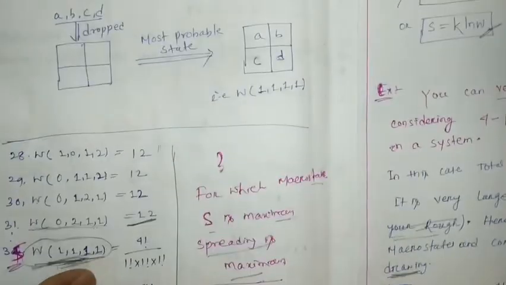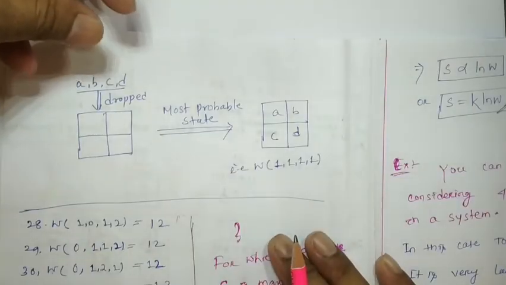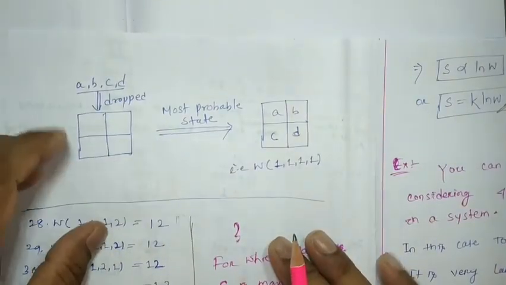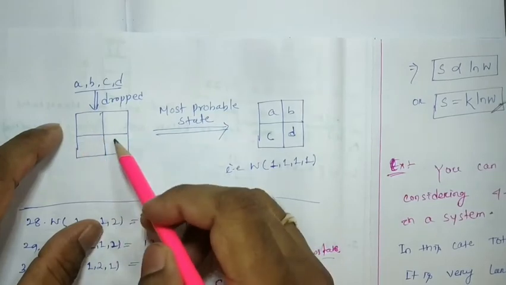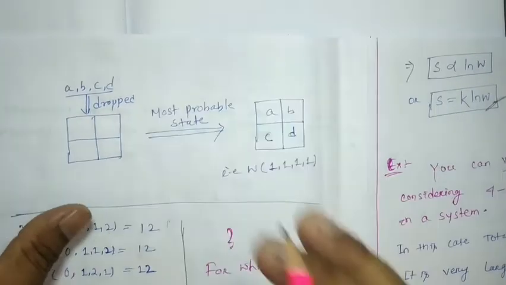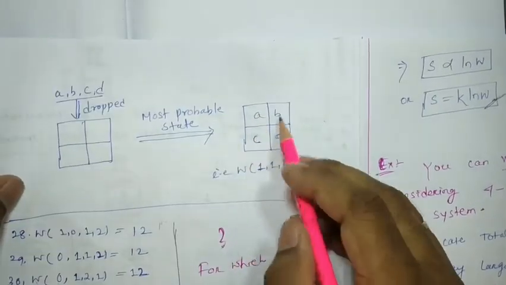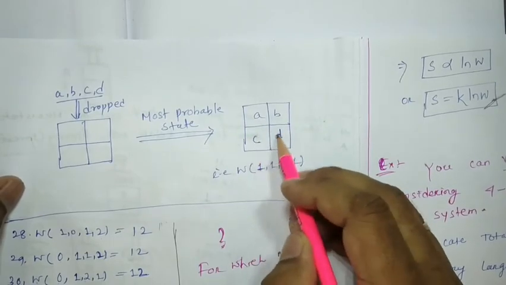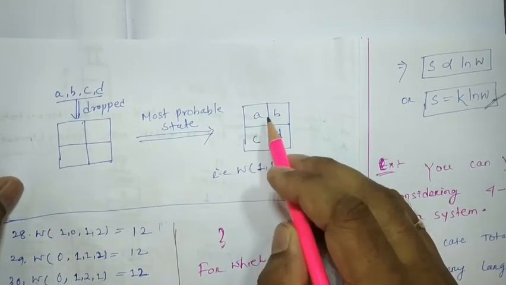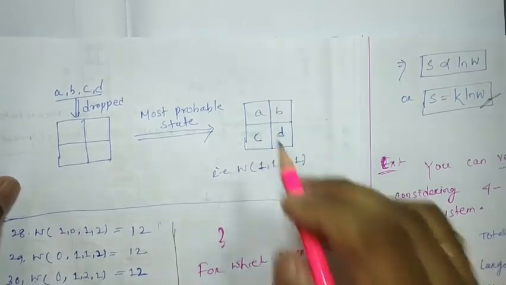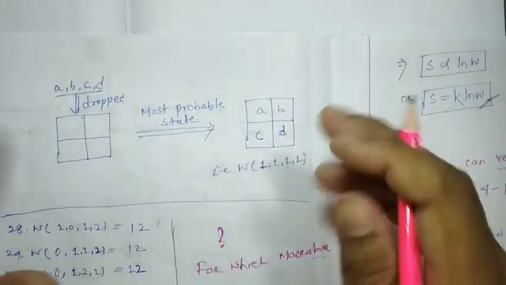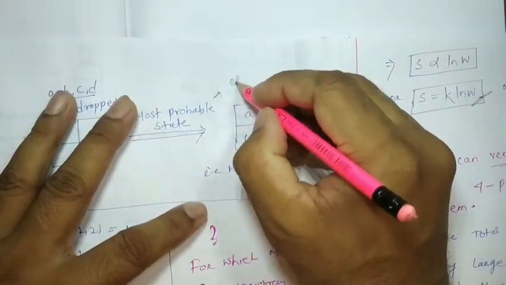But whenever we drop 4 particles into a box having 4 compartments, the most probable state will be this one, where each compartment is filled by one particle. That is your most probable state. The most probable state is also called the equilibrium state.